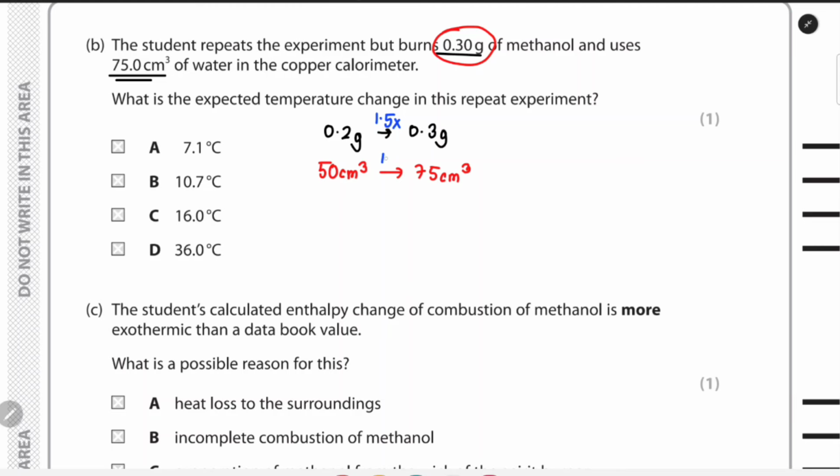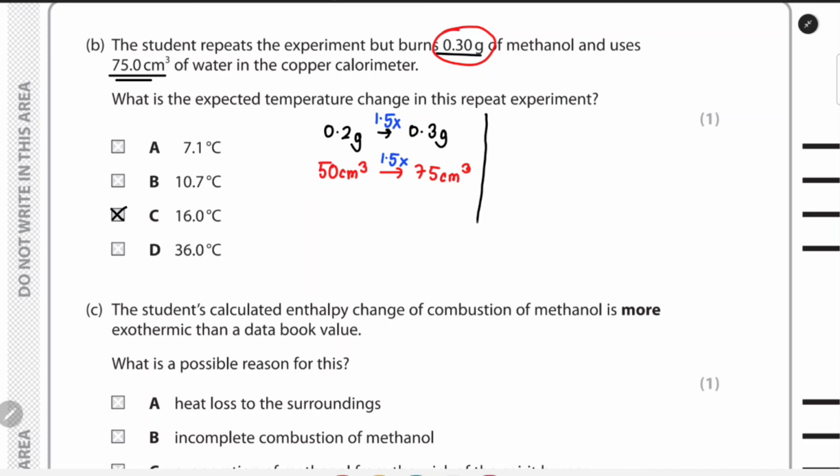The volume also becomes 1.5 times what it was. Since the volume or mass of the object that we are heating and the fuel increases proportionally, the temperature rise must be the same as it was before, so 16 degrees Celsius.